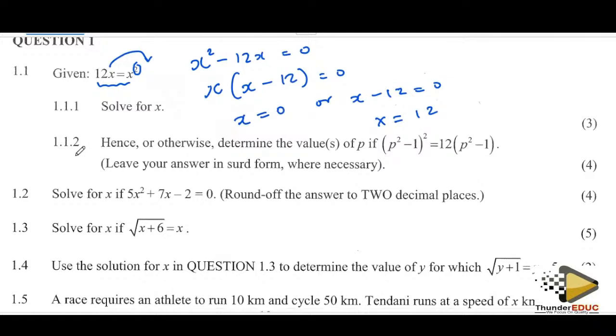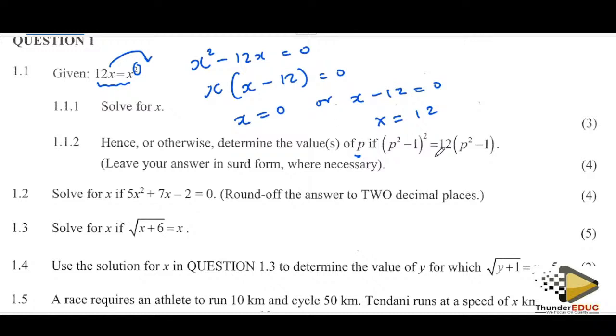Then we have 1.1.2. They're telling us hence or otherwise, can we determine the values of p, if p squared minus 1, all squared, is equal to 12 times p squared minus 1. Okay, so the word hence simply relates to where we stopped in the previous question, so we can proceed or use the information that we obtained in the previous question.